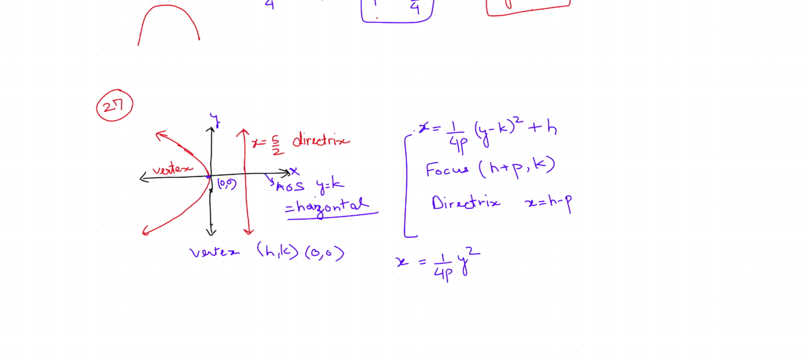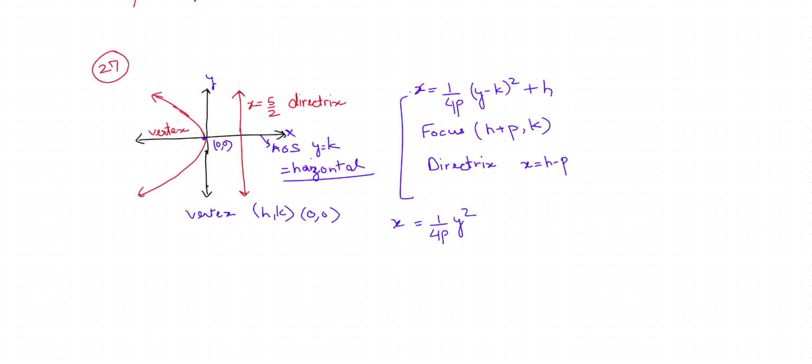So what we'll do is x is equal to h minus p, which is 0 minus p, which is equal to x is equal to 5 by 2. So p is equal to negative 5 by 2.